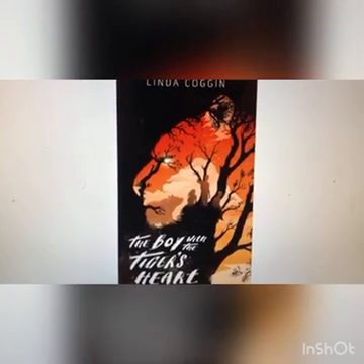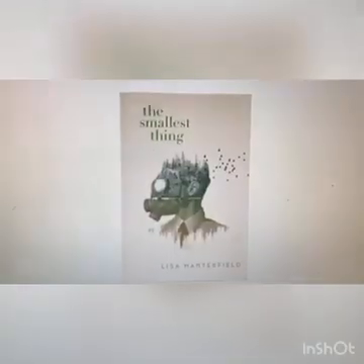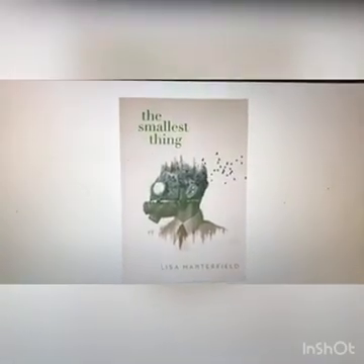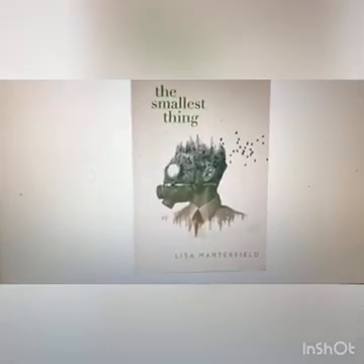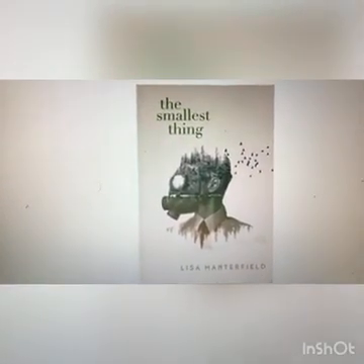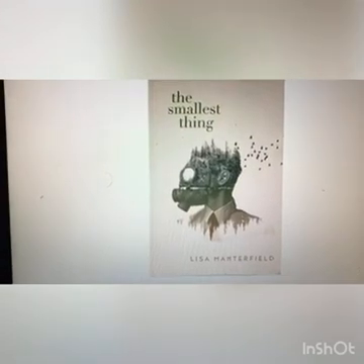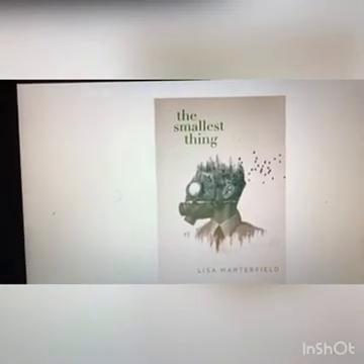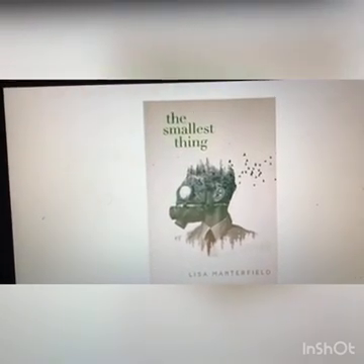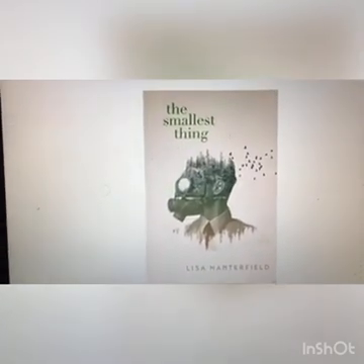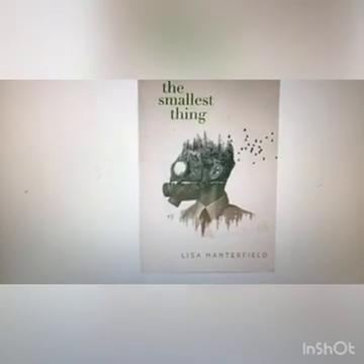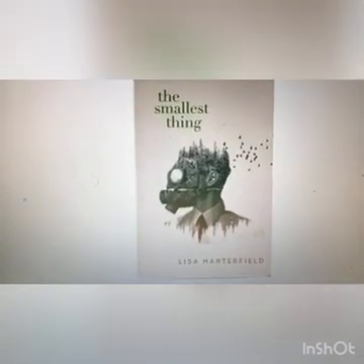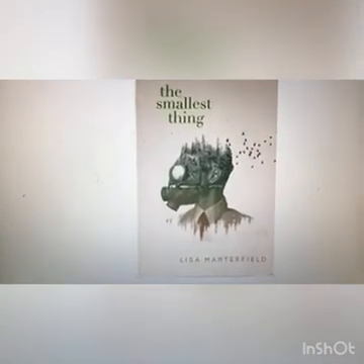So another option would be The Smallest Thing. This book could also be about probably a scientist, or probably the world is ending, and it's the smallest thing, the smallest cure, that's going to save everyone.